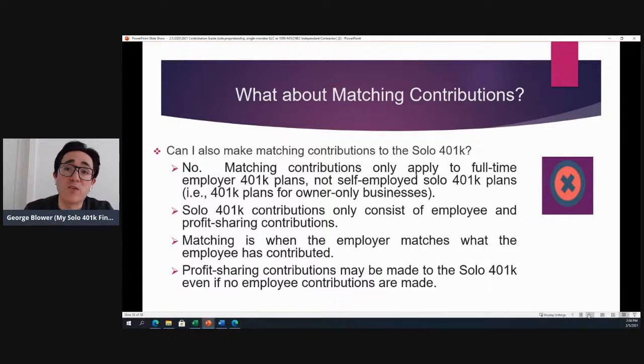In other words, if you max out to another plan, like through a day job, you can still make your employer contribution. It doesn't presuppose an employee contribution, unlike the match.